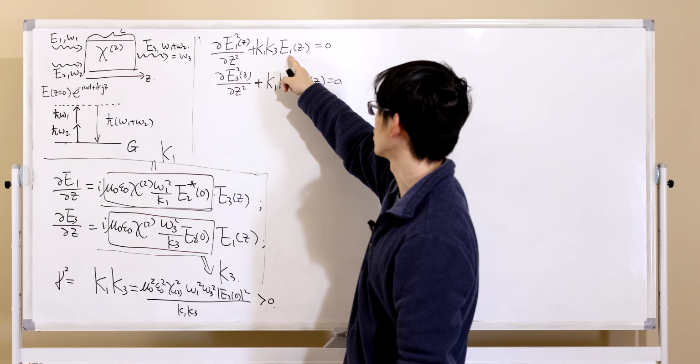So you can also plug in the fact that K is equal to n omega over c. Right, n is the refraction index, omega is the frequency, c is the speed of light. So when you plug this in, one omega will cancel out, so you have omega 3, and n1 coming from the K1.